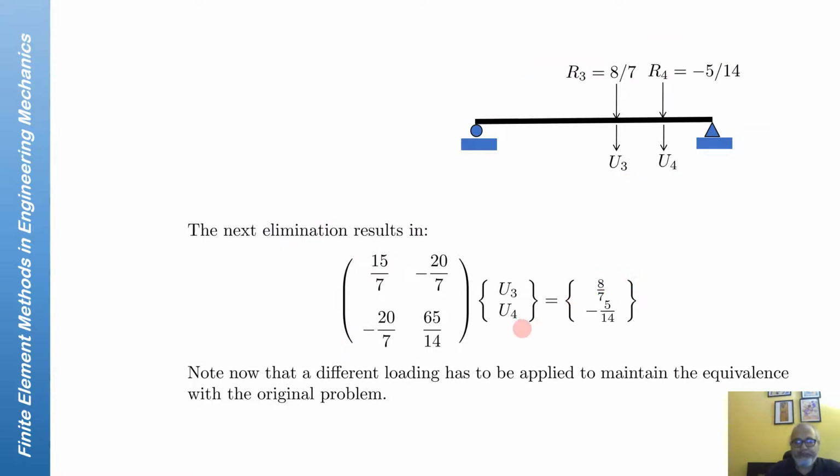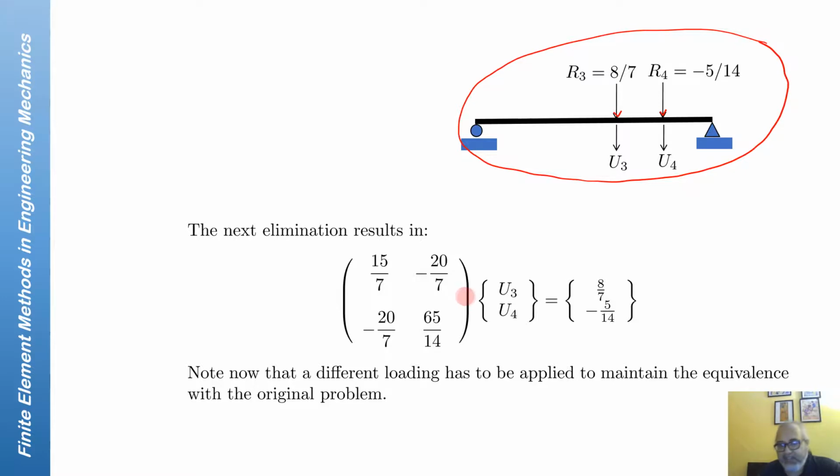You will now eliminate u2. You will get a 2 cross 2 equation. 2 degrees of freedom are left, and now your forces are 8 by 7 and minus 5 by 14, which you have applied at nodes 3 and 4. This is the equivalent system after the second elimination.